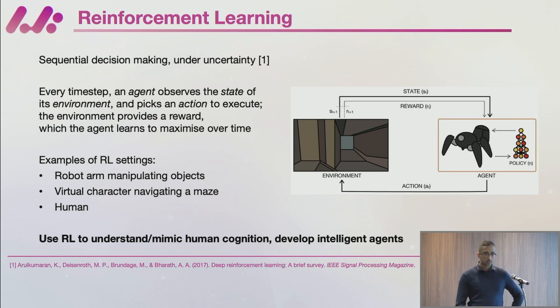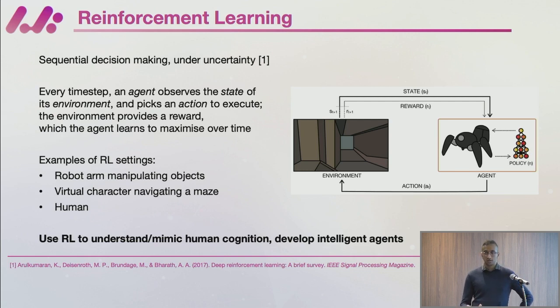Examples of RL settings include a robot. If we want to get a robot to do something, we can use reinforcement learning, for example, to manipulate objects or have a robot that navigates an area. We have virtual characters, for example, in a video game. If they have an objective like navigation, working their way through a maze, we can also formulate this as a reinforcement learning problem.